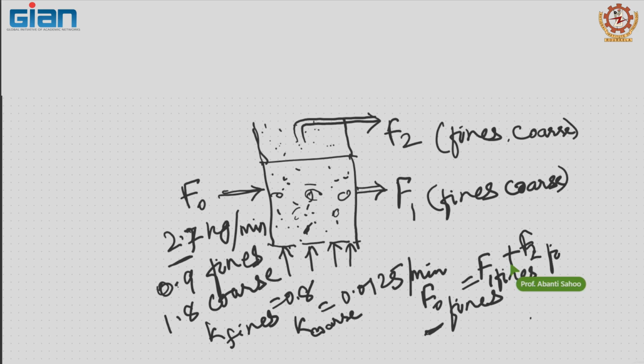So here we have to find out how much time both coarse and fine particles remain in the bed. This part is clear. I will solve this small example. With respect to coarse, you can write F0 coarse equal to F1 coarse plus F2 coarse.